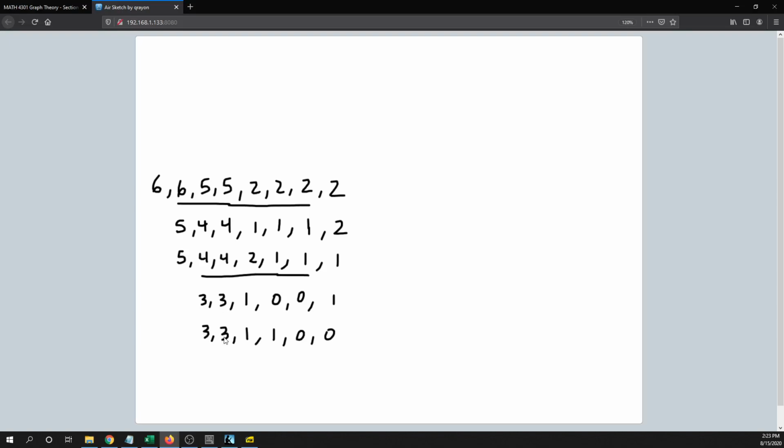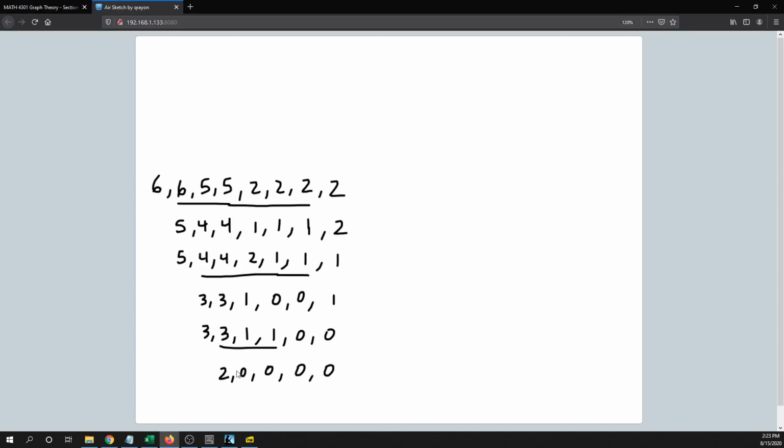Okay, now we look at the next 3. Our S is 3, so we would look at these and subtract 1 from these. Pop the first one off, so we get 2, 0, 0, 0, 0.